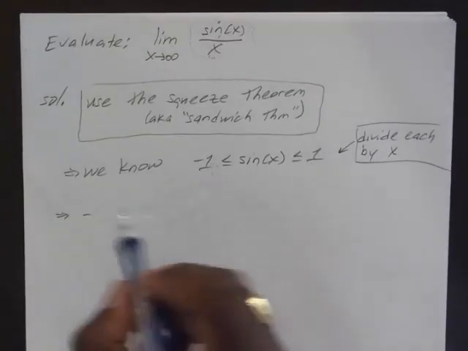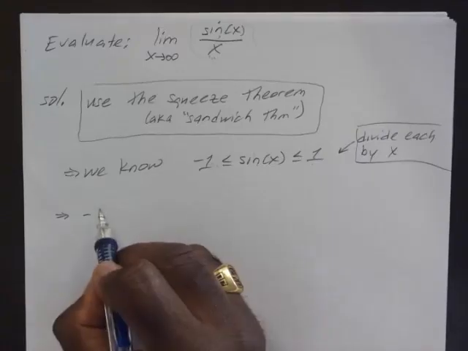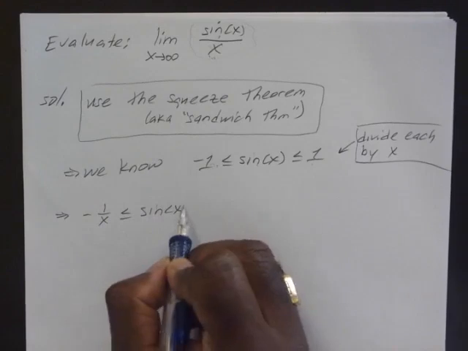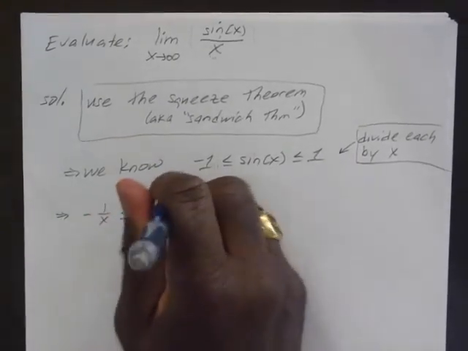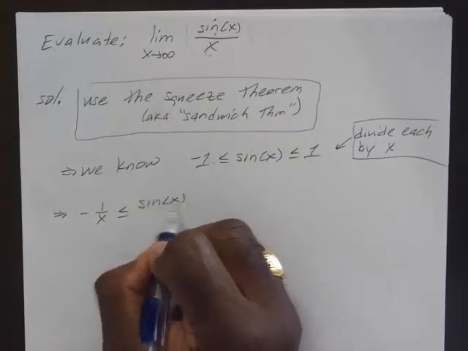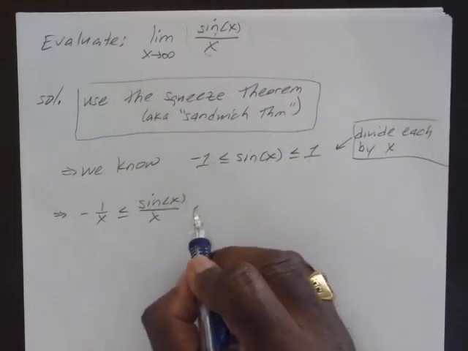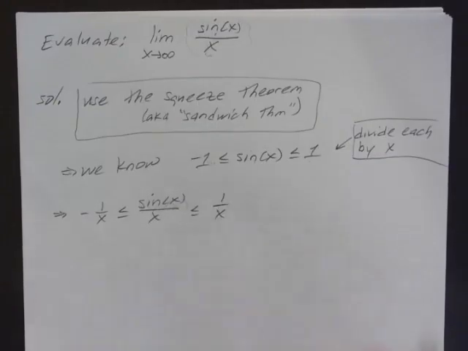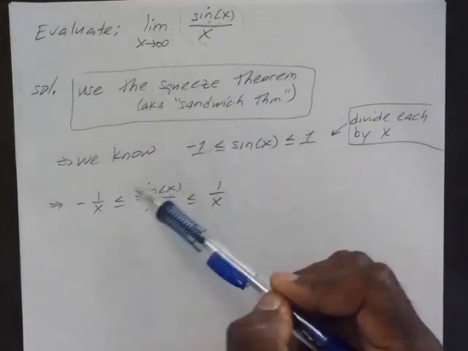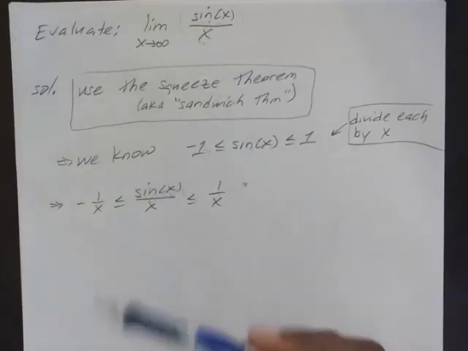So that gives us -1 times 1 over x, which is -1 over x, is less than or equal to sine of x over x, which is less than or equal to 1 over x. Now the function matches the function that we have to evaluate.